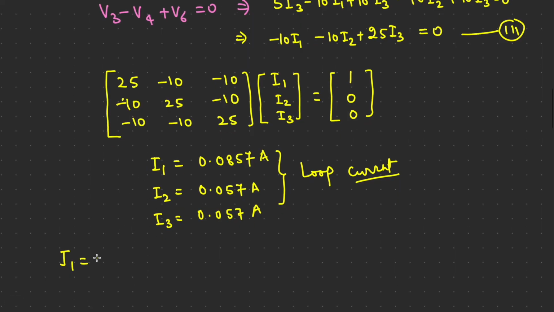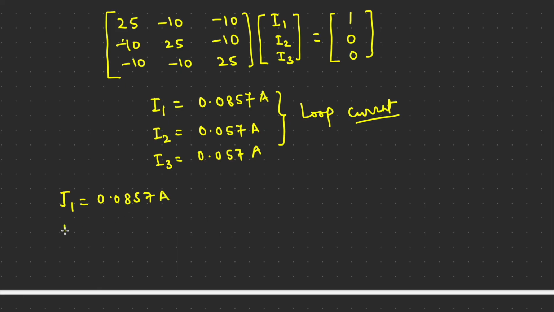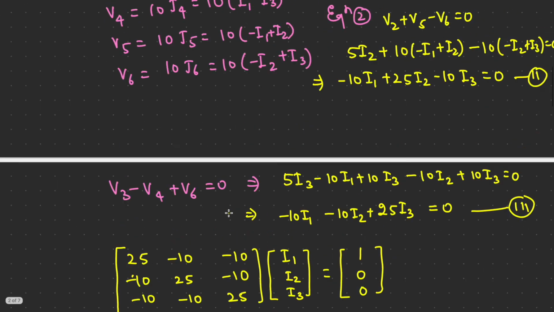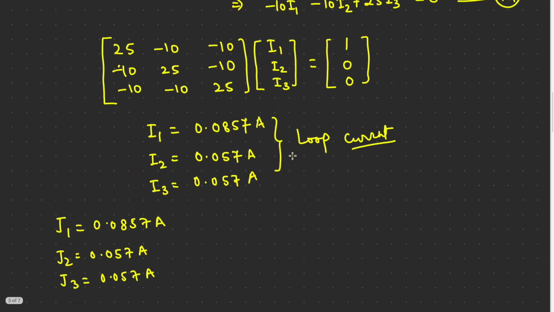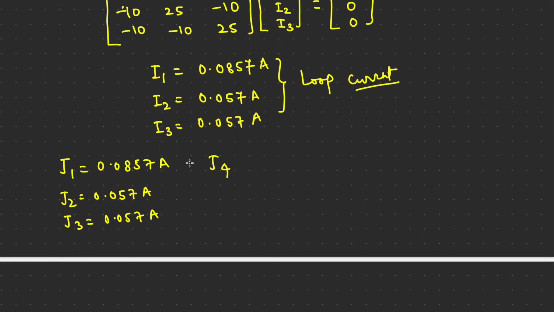So J1 is 0.0857 amps, J2 is 0.057 amps, J3 is 0.057 amps, and I1 minus I3 is J4. So J4 is I1 minus I3, which is 0.0857 minus 0.057 amps.